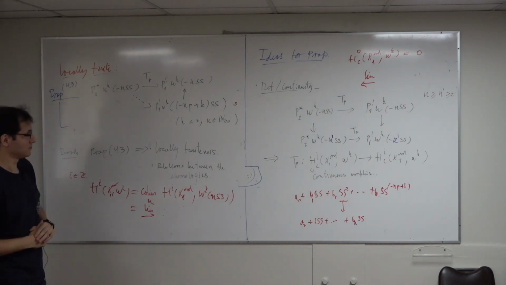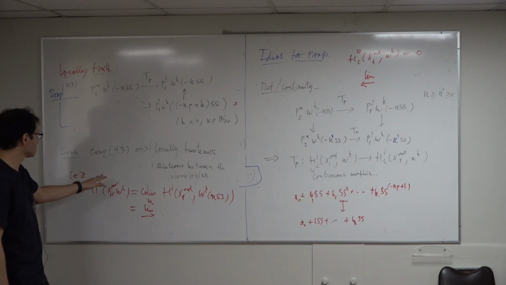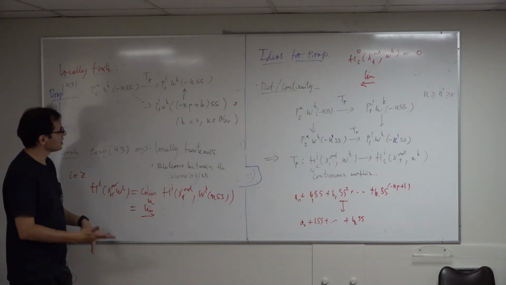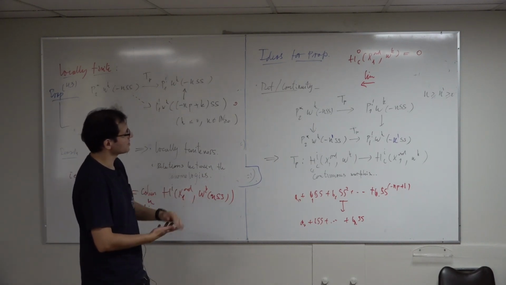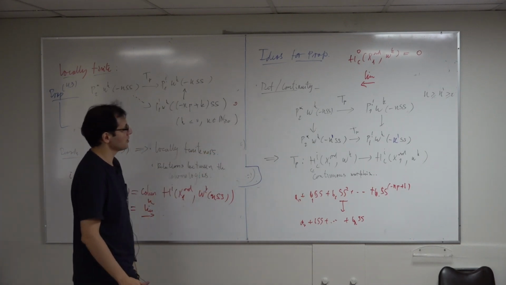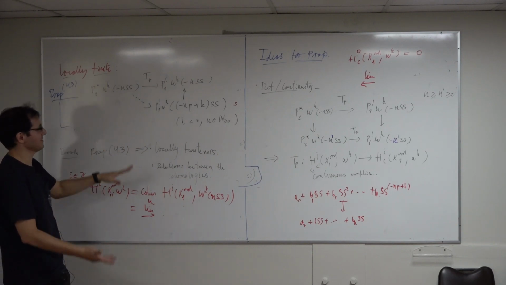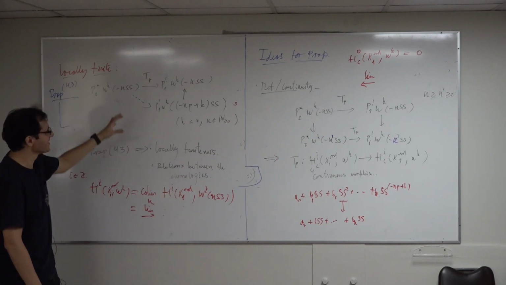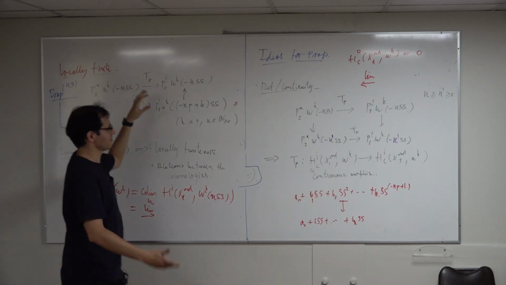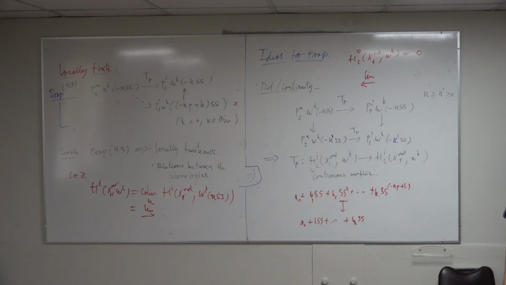I was planning to say more, but I think this gives you a little flavor. This is the abstract nonsense that implies what we want. Of course, this is where all the geometry and interesting stuff hides. This is the real core content, and this is just abstract nonsense. So the key is in Proposition 4.3.